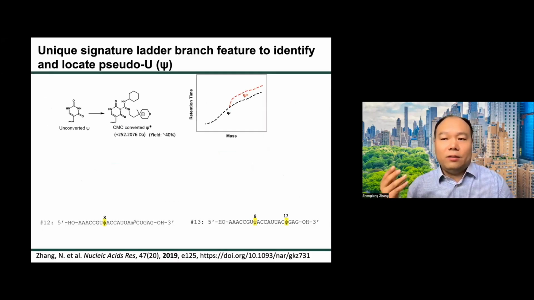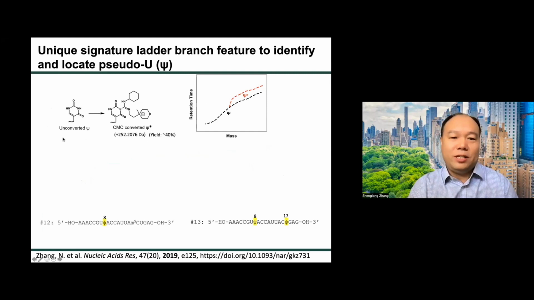One of the outstanding challenges for mass sequencing is how to differentiate pseudouridine and uridine, because they have identical mass. To differentiate them, we treat the RNA with CMC, like Tom mentioned before. CMC is going to selectively react with pseudouridine and form this complex. The mass is going to increase to 252.